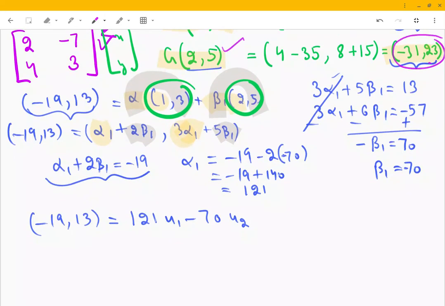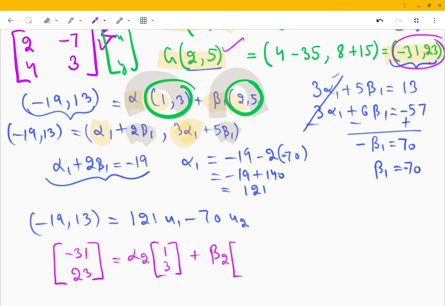And I will do it in a slightly different way. They both mean the same thing though. I should be able to write it as alpha 2 times the first base vector u1 and beta 2 times the second base vector.